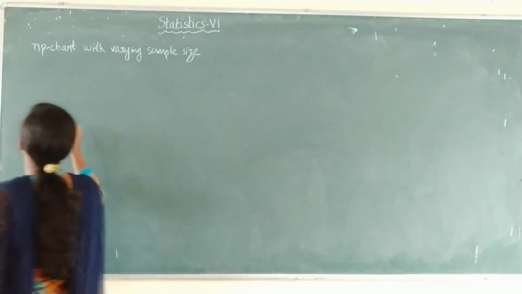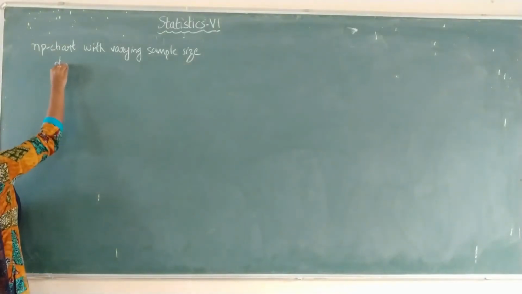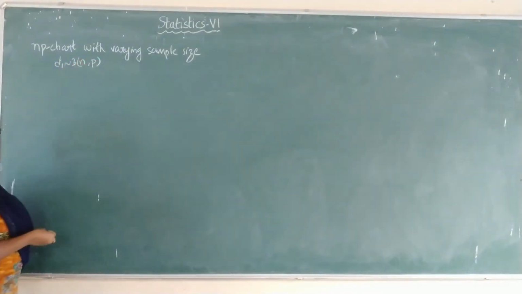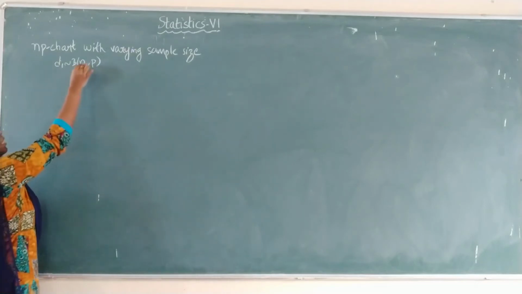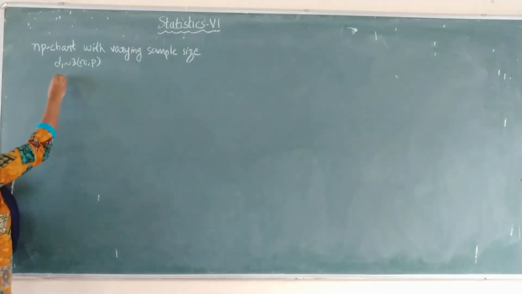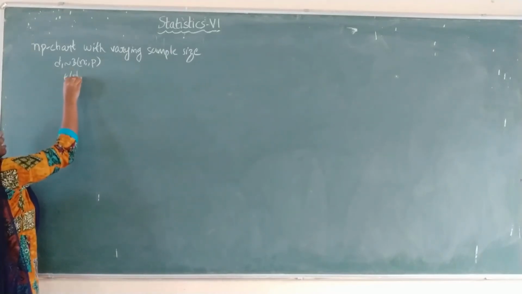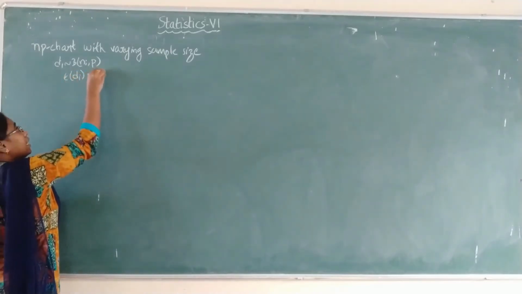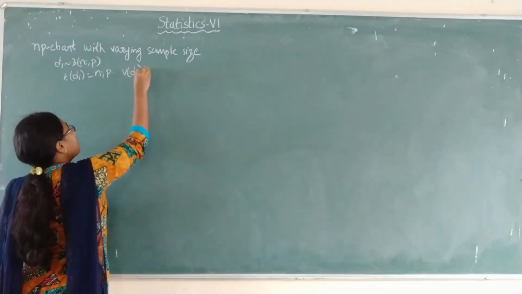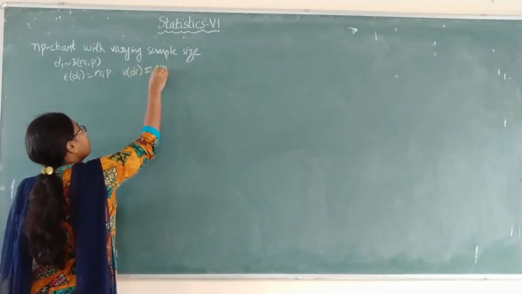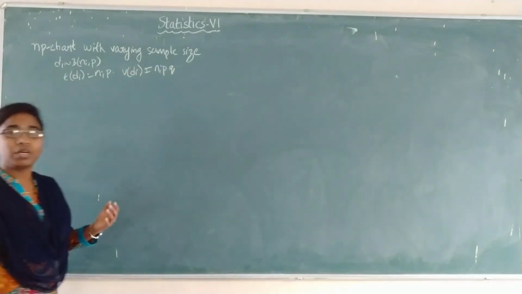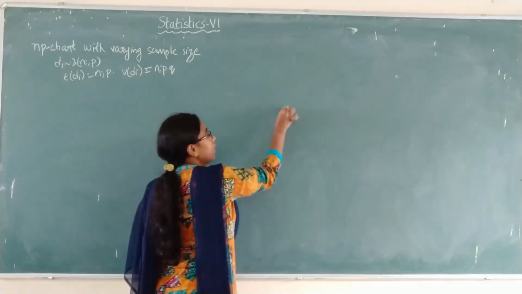So here also, Di follows binomial distribution with N comma P. For every sample, you get Ni comma P. So expectation of Di will be Ni into P and the variance of Di will be Ni into P into Q. So what are the 3 sigma control limits for NP chart we got?